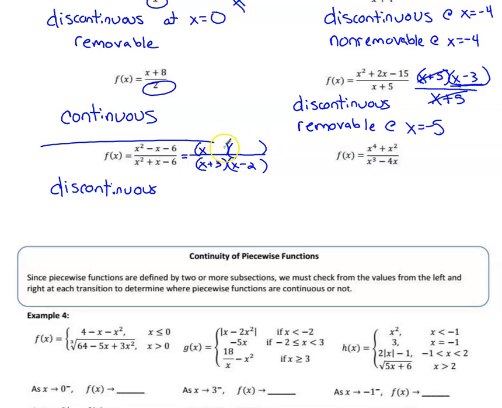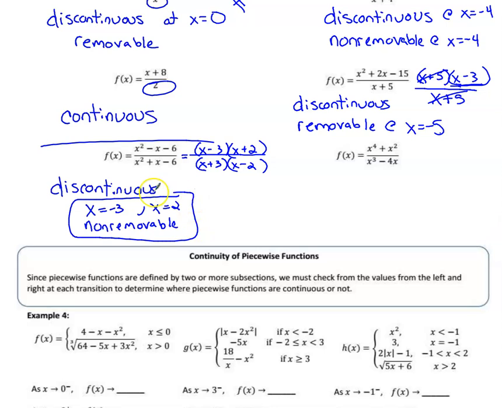Multiplies to be negative 6 still, and adds to be negative 1, would be negative 3 and positive 2. So nothing cancels, so whatever made the denominator 0, those are vertical asymptotes when it doesn't cancel. So you end up with x equals negative 3 and x equals 2. Those are non-removable, I should have said first. So non-removable discontinuities, which means we have vertical asymptotes at those two x lines.